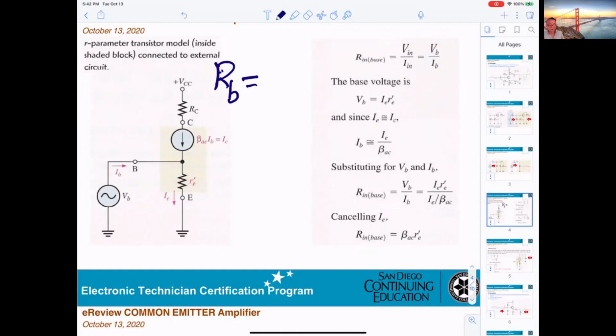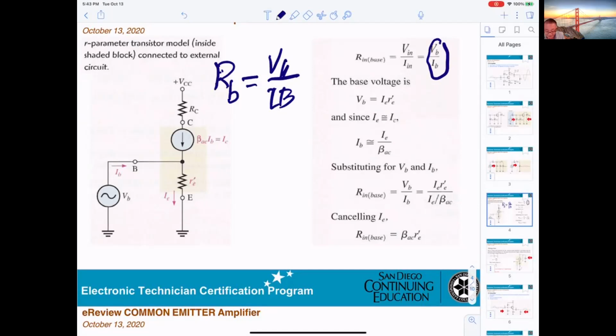Ohm's law, what are B? VB over IB? Exactly. VB divided by IB. So that's why in here, see here, they say R in B equals VB divided by IB.